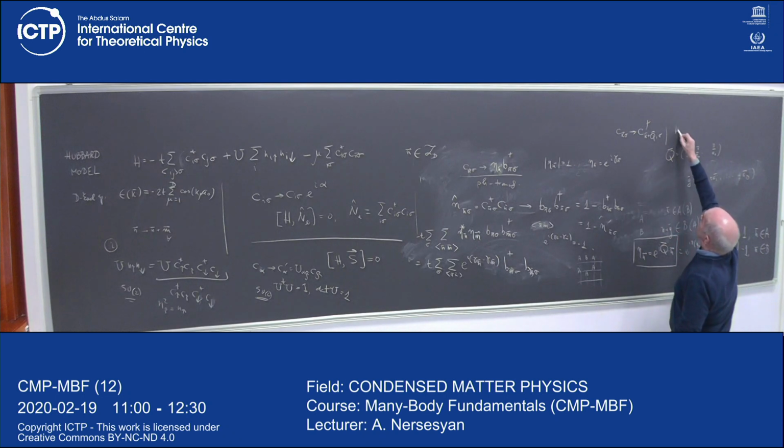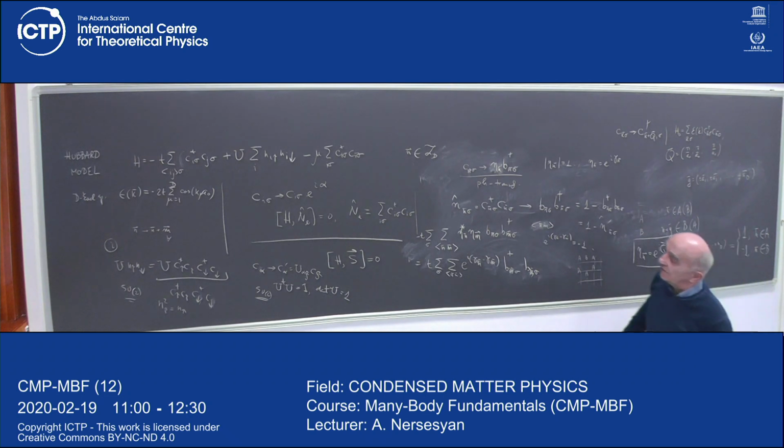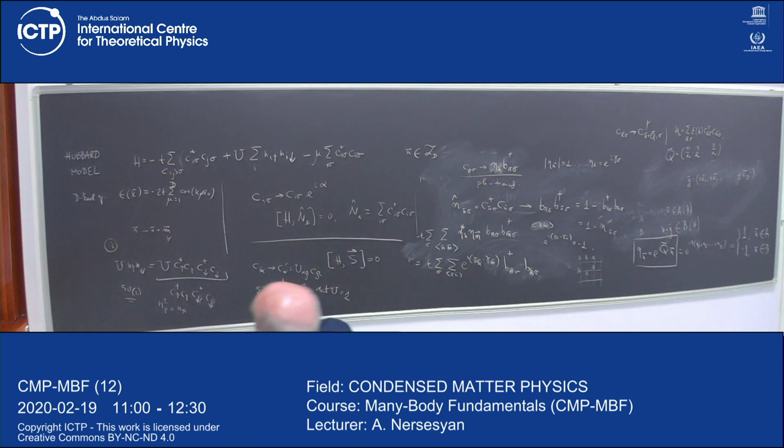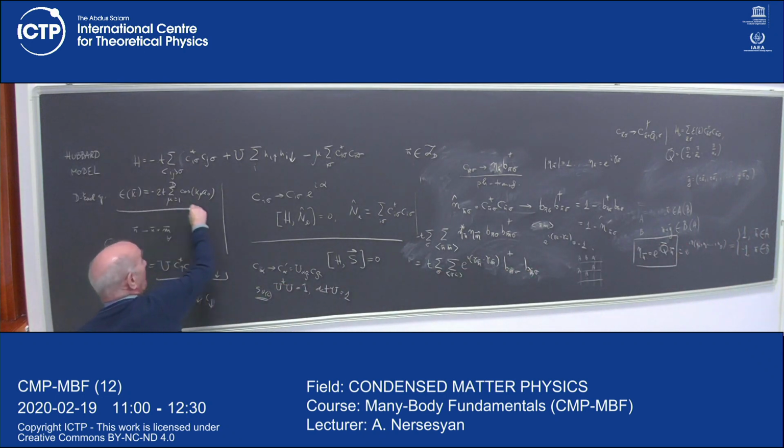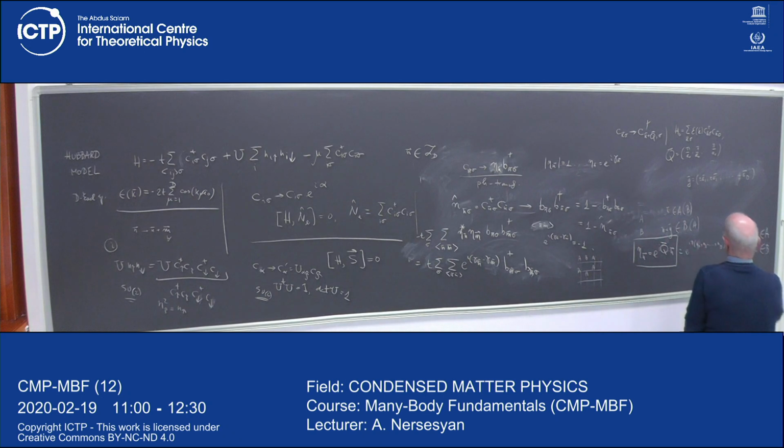In momentum representation, the kinetic energy looks as follows. It's the sum over k, sum over sigma, epsilon of k, c†_{kσ} c_{kσ}. This is the definition of your Q vector, and your spectrum is this one.